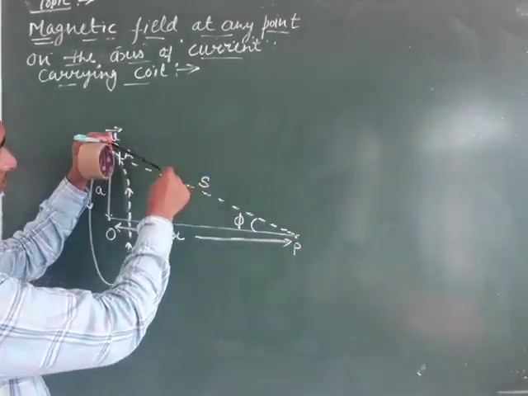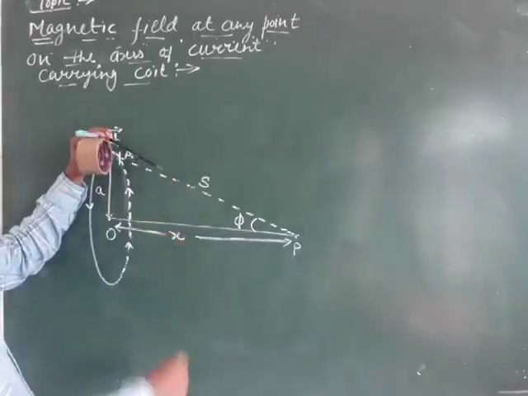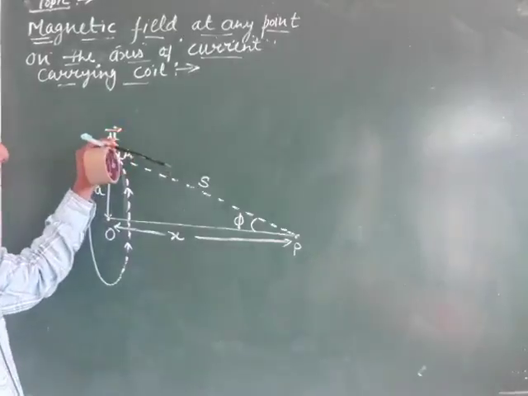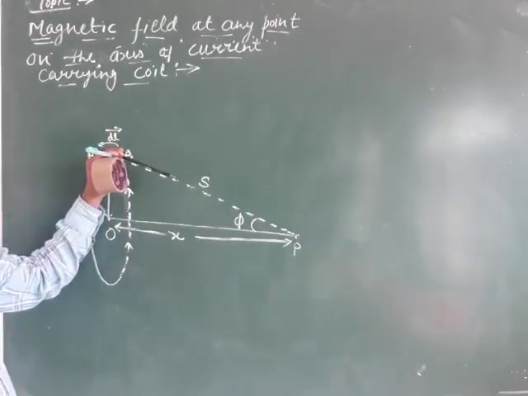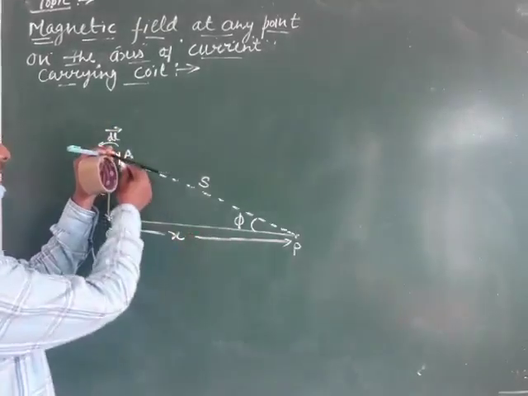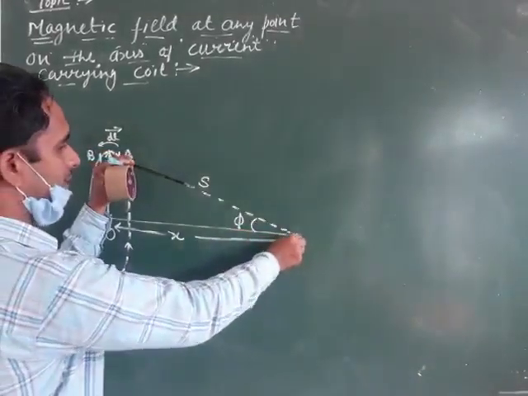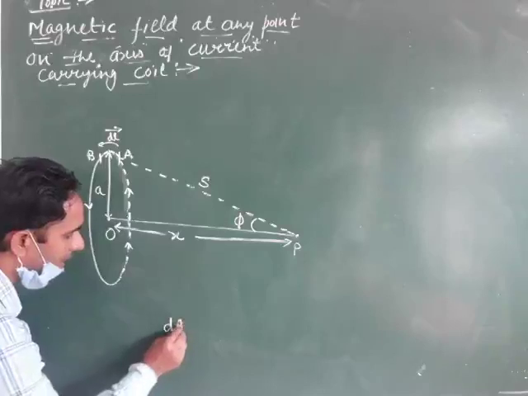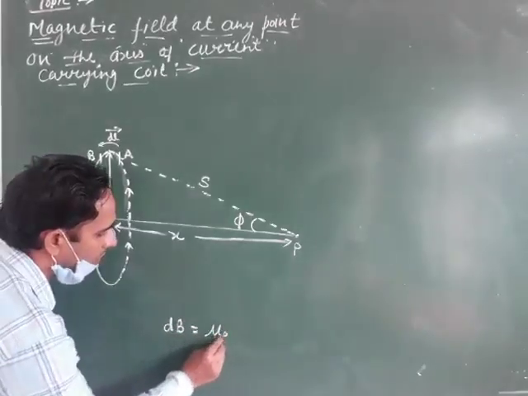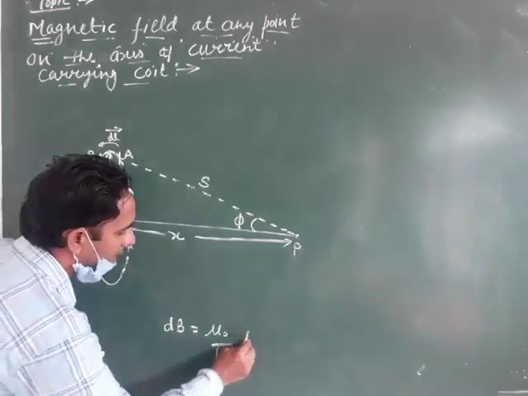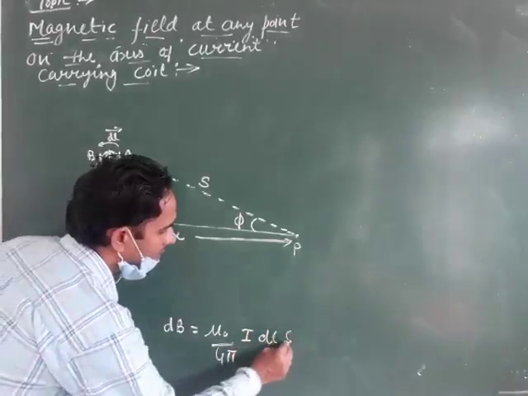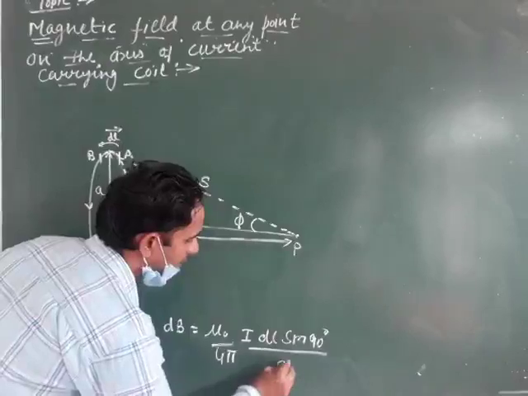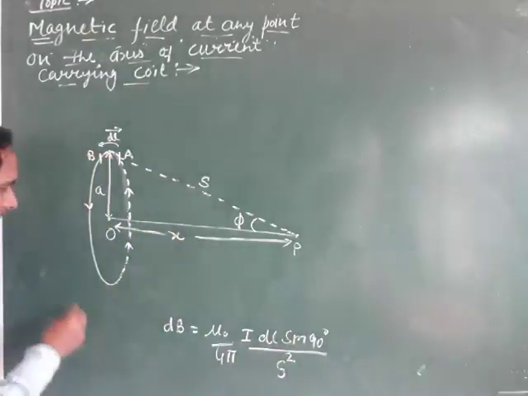The displacement direction is this side, but the angle between them is 90 degrees. So the magnetic field due to this current element AB at this point, according to the Biot-Savart law, is dB equals mu naught by 4 pi, I dl sin 90 degrees by r square.